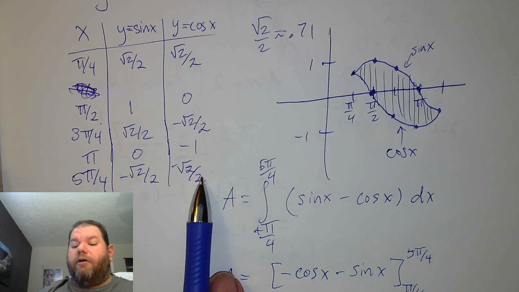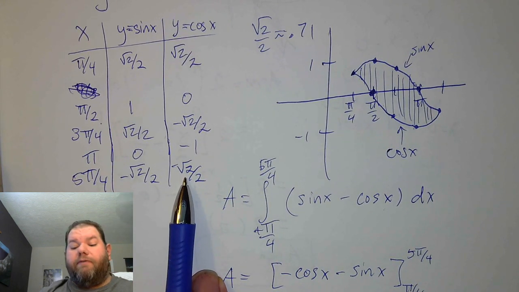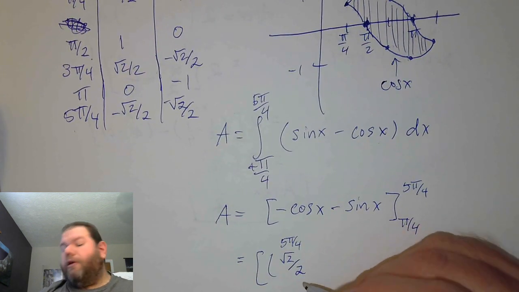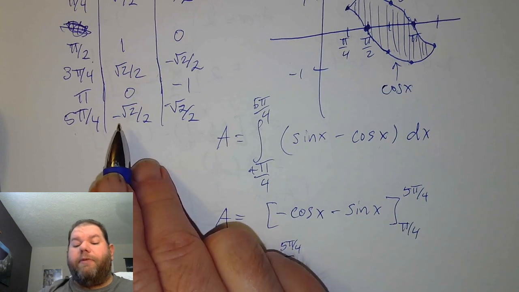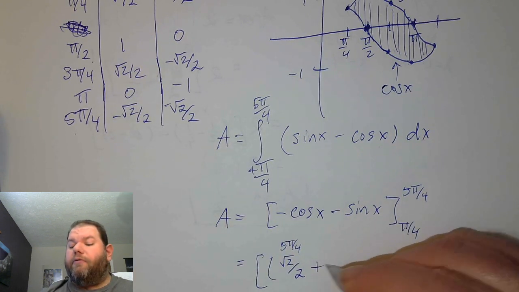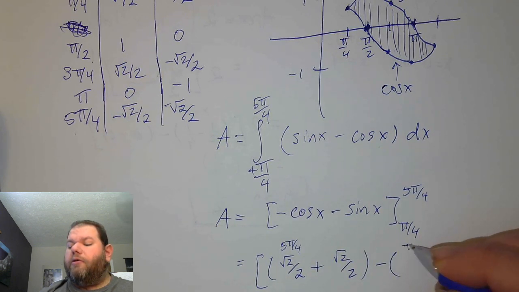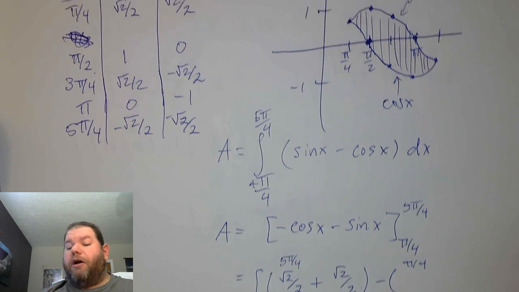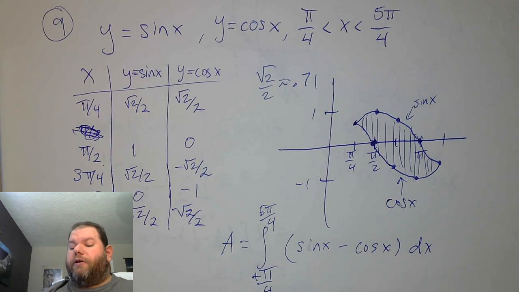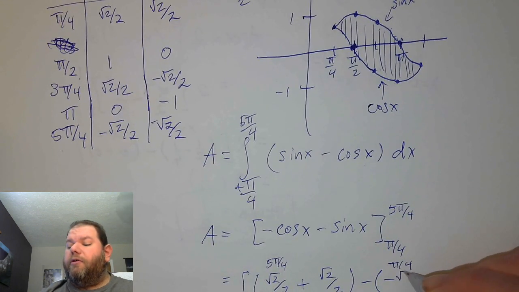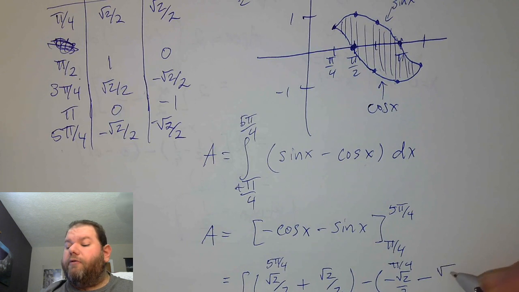Negative cosine of 5 pi over 4 would make that a positive root 2 over 2. And negative sine of 5 pi over 4 would make that a positive root 2 over 2. Then at pi over 4, we take negative cosine x, which is negative root 2 over 2, minus sine x, which is root 2 over 2.